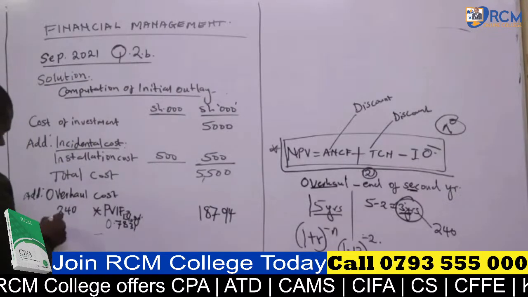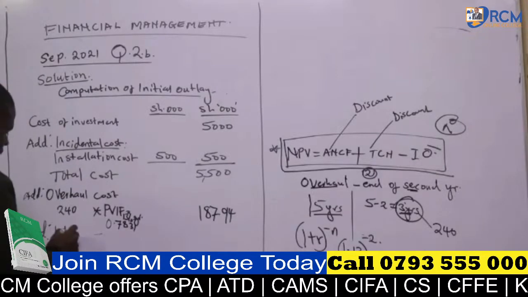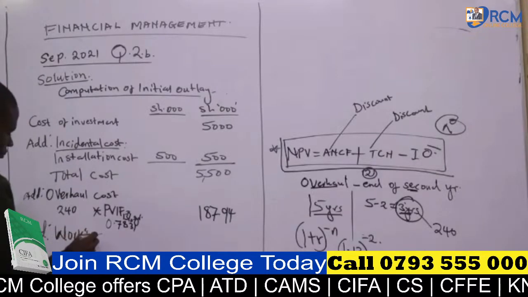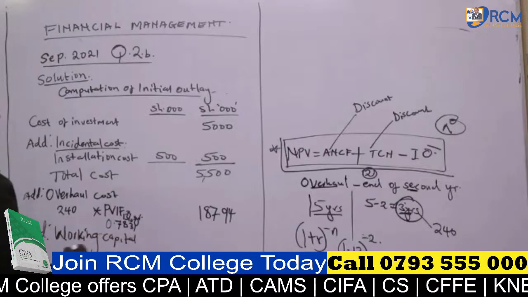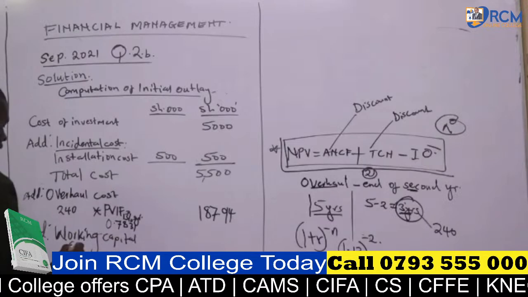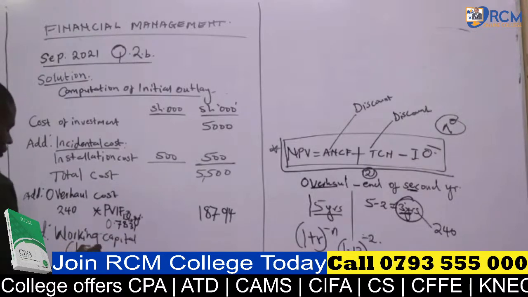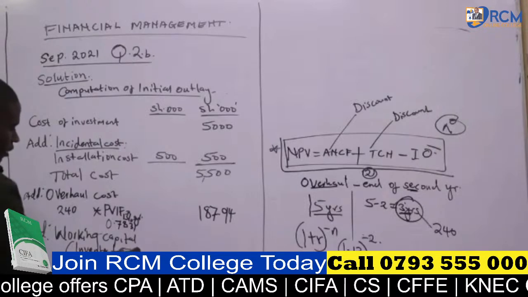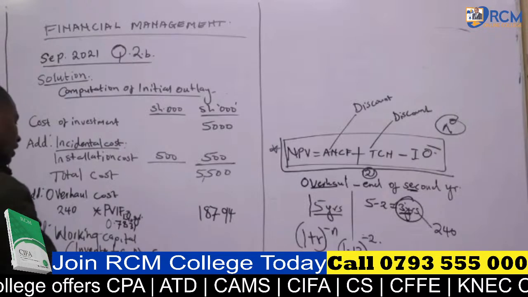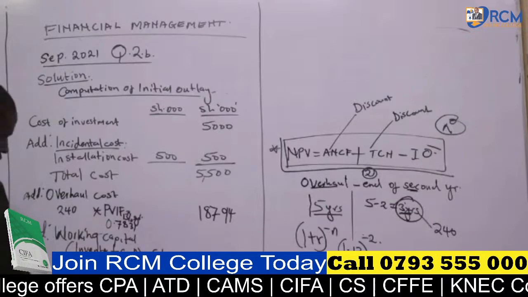Working capital. How do we arrive at working capital? Working capital will be given by inventory plus current asset, the two minus current liability. Now, can you check?